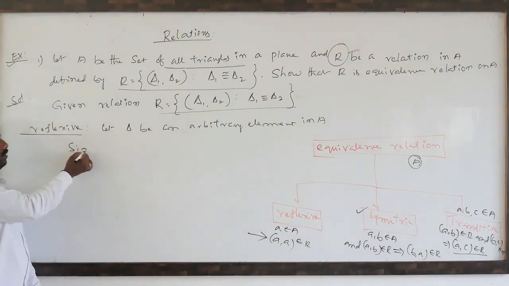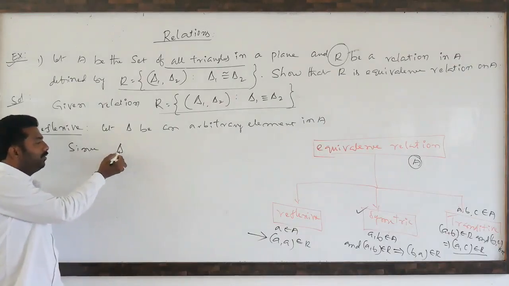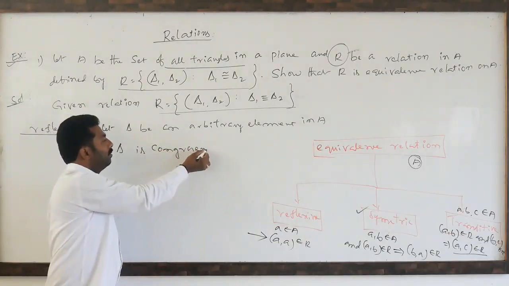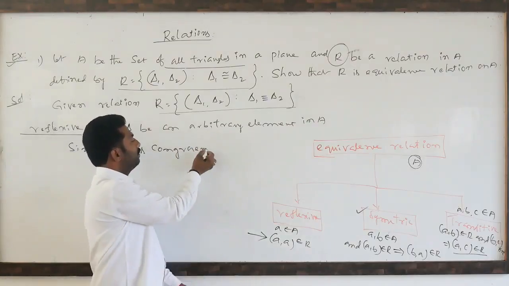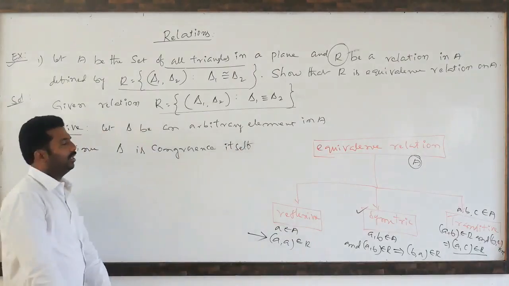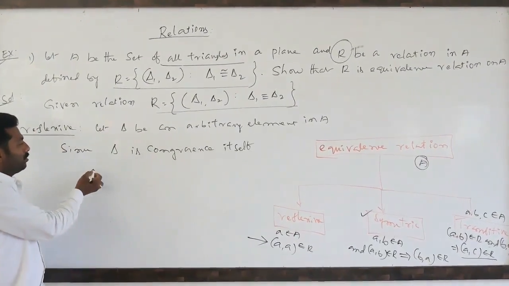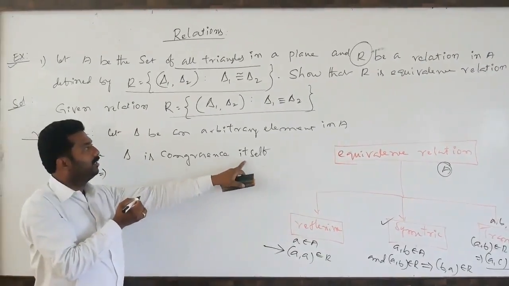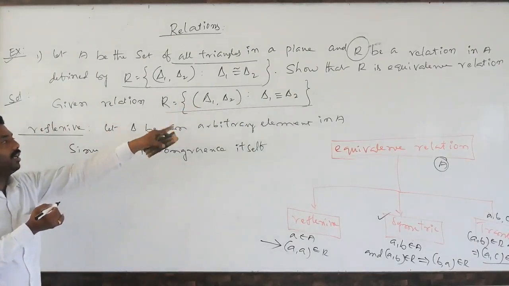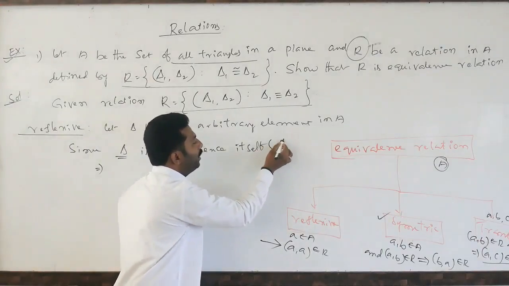Since we know that any triangle is congruent to itself, here the first triangle is congruent to the second triangle means there is a relation between delta 1 and delta 2. So here delta is congruent to itself, again delta.